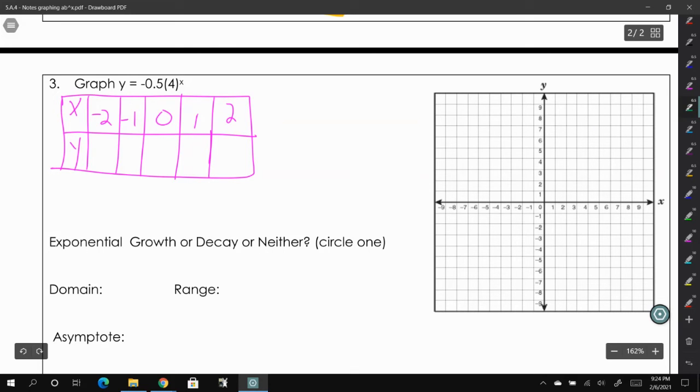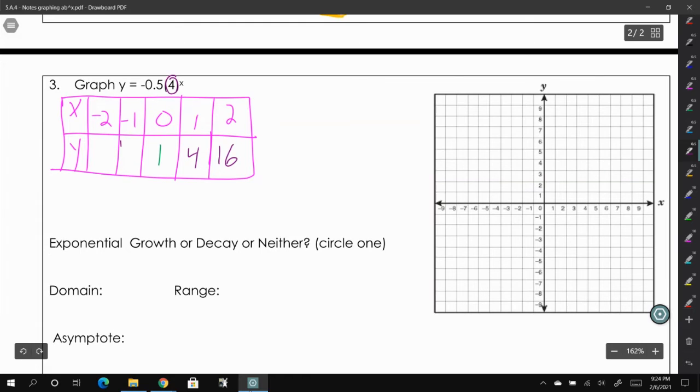We start with 0, 1, and our growth rate is 4, so 1 times 4 is 4. 4 times 4 is 16, and then going backwards, we'll get 1/4, 1/4, and then we'll get 1/16.